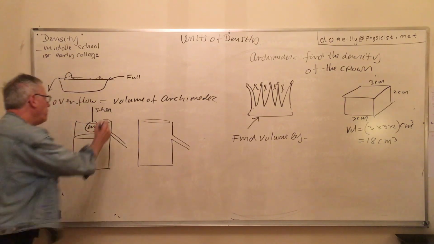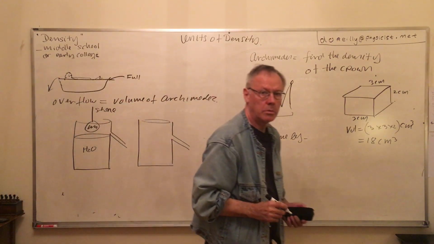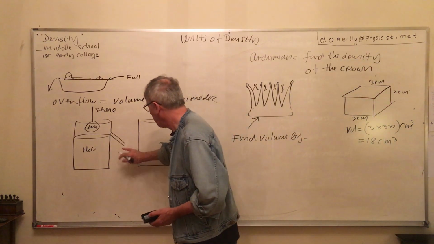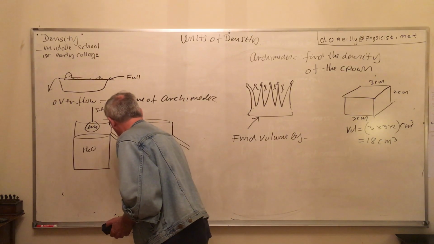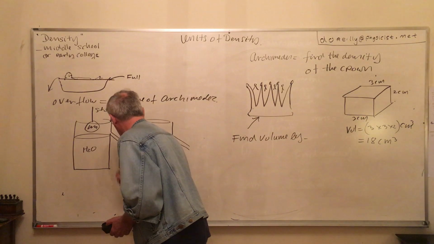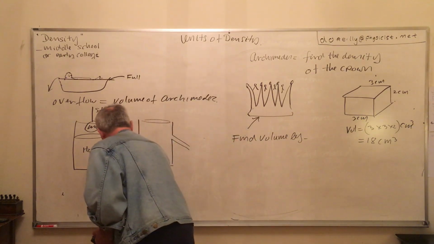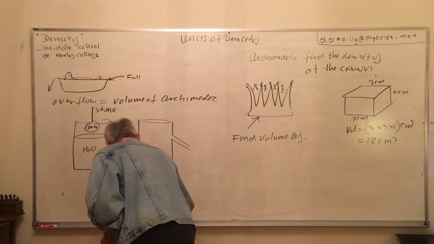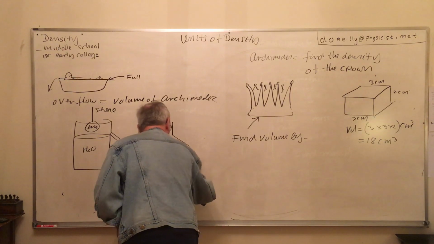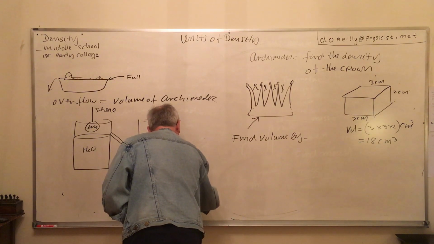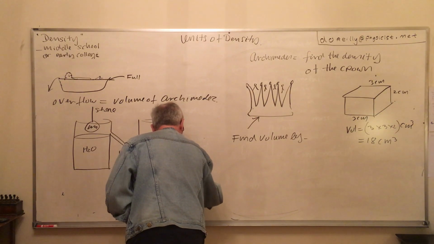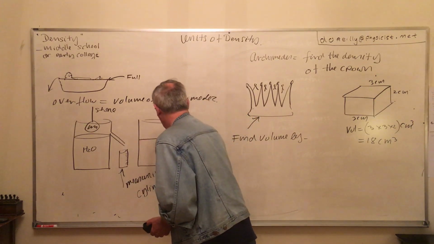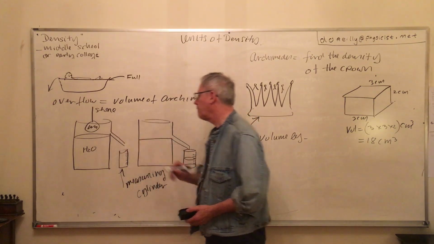We want to find the volume of an irregularly shaped stone, but we can't really measure it. Well, we can't measure it with a ruler, but we can take it like this. Okay, so we make sure that the level of water comes right up to this spout.